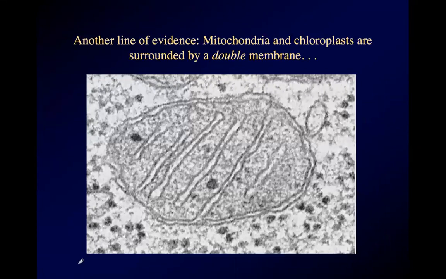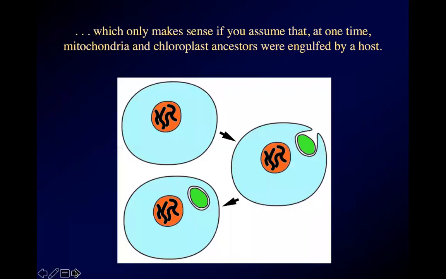Mitochondria and chloroplasts are surrounded by double membranes. You can see 2 layers there. And that makes sense if you assume that at one point mitochondria and chloroplast ancestors were engulfed by a host.